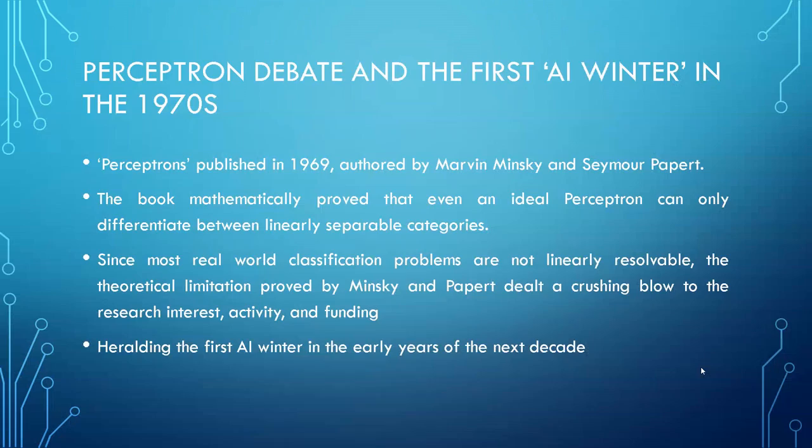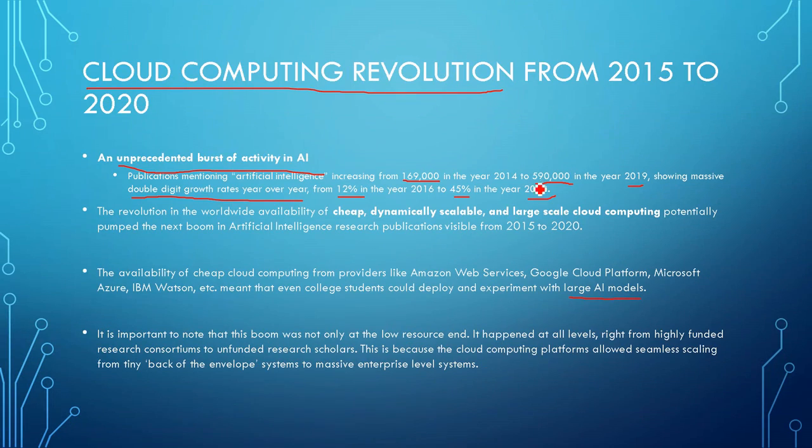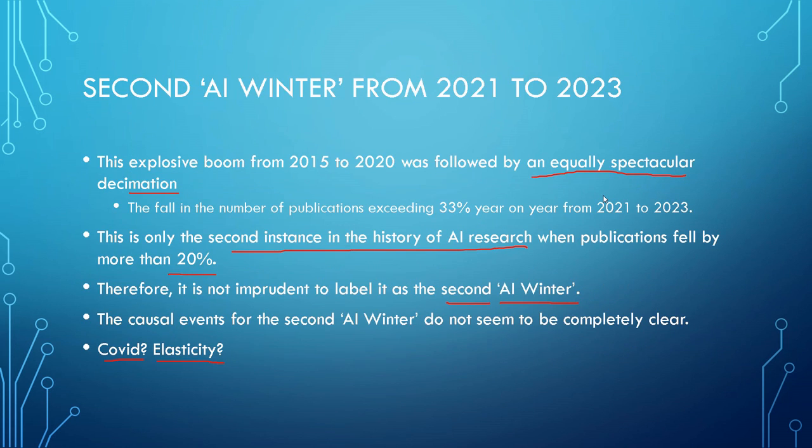This boom, as you can see, was huge, from 170,000 publications to 600,000, an increase of more than 3.5 times, from 2014 to 2019. And so we can say that some of this bust was expected, some of this winter was expected, but it was probably also increased because of COVID, right?